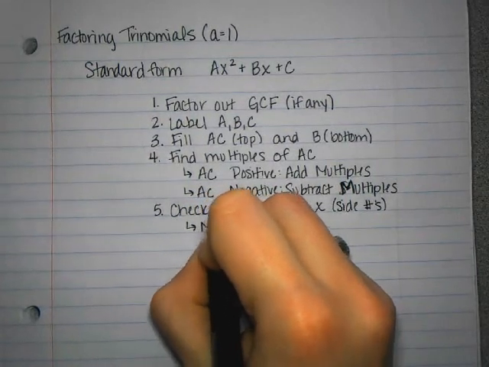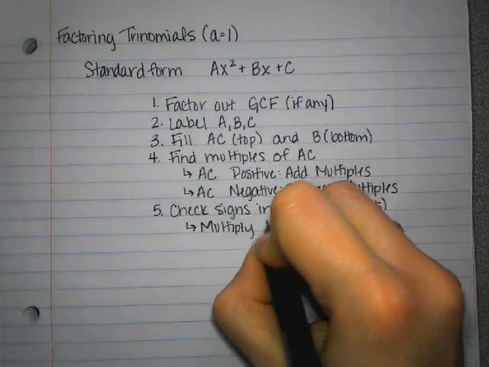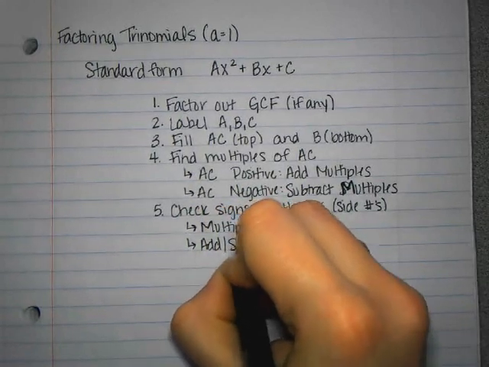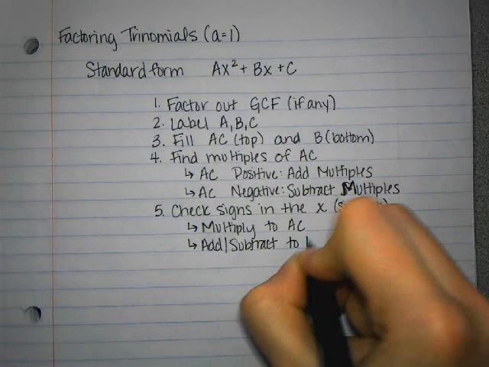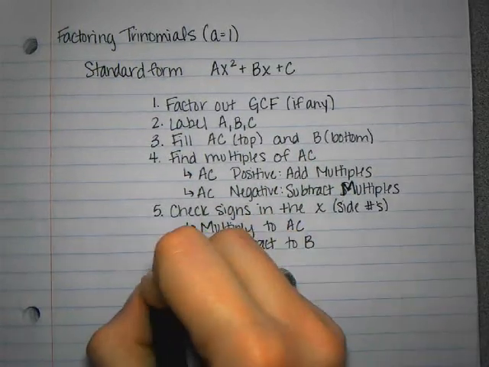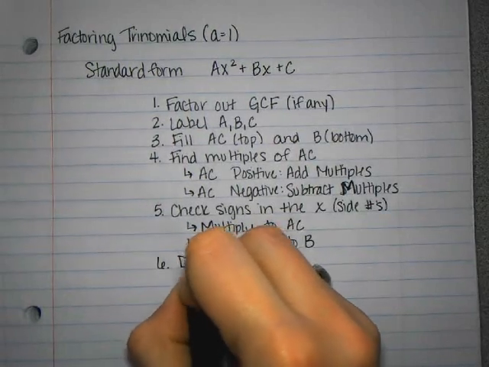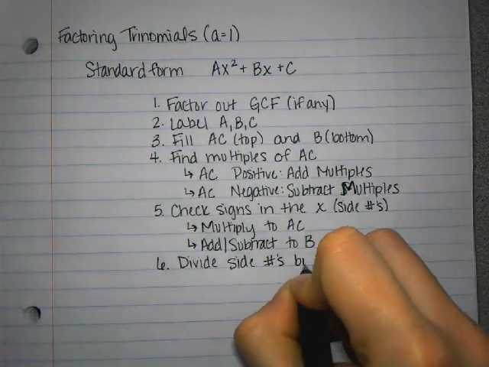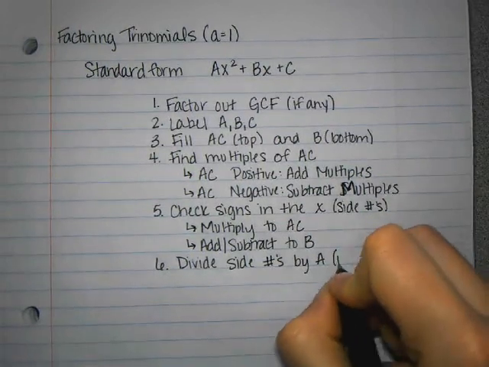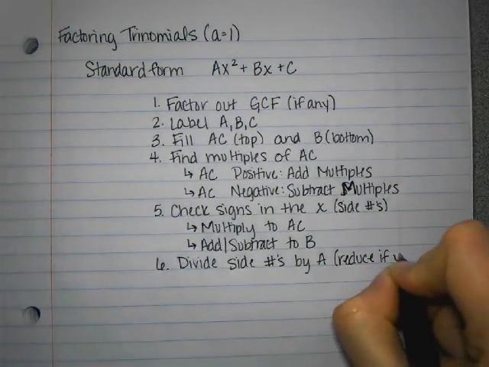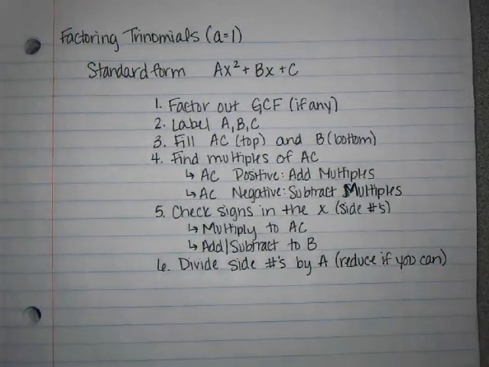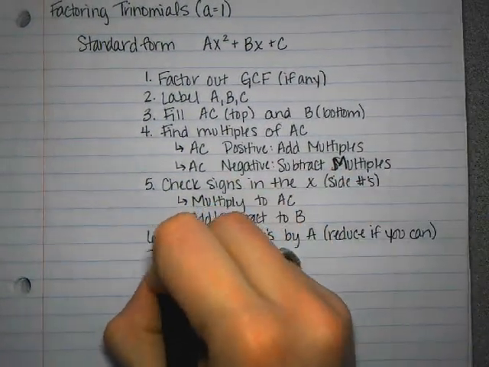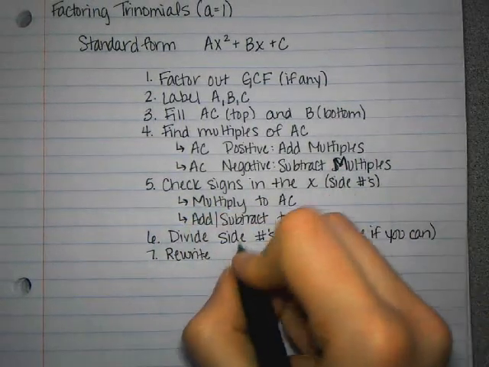Reminder that they want to multiply to AC and add or subtract to B. Step 6, divide side numbers by A, reduce if you can, and then step 7, rewrite as factors.